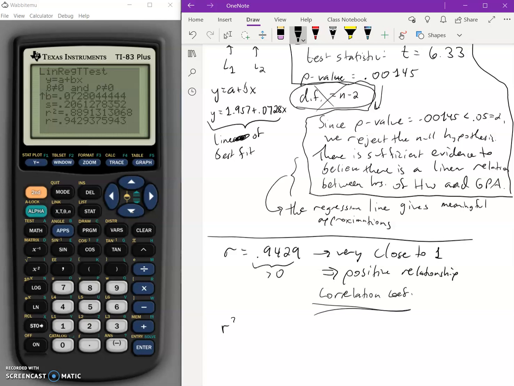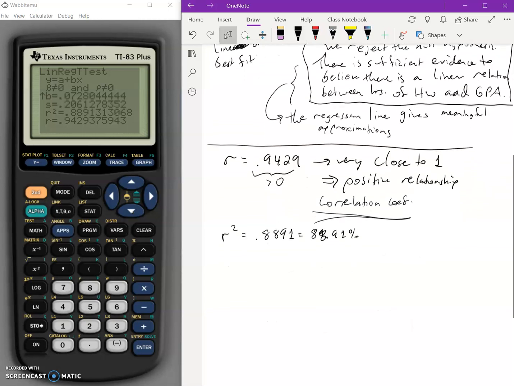Now our R squared value, we see that is 0.8891, but really, if we think about this as a percent, this is going to be 88.91%. And we said this was the percent of variation.